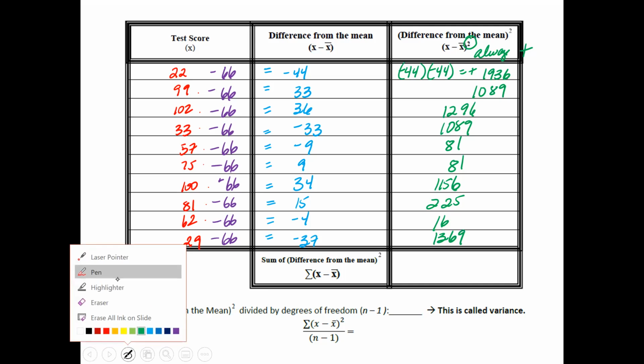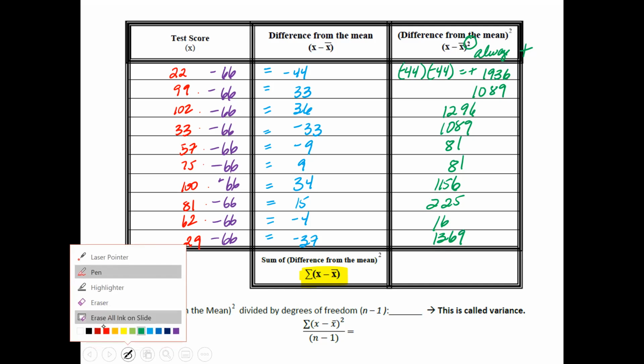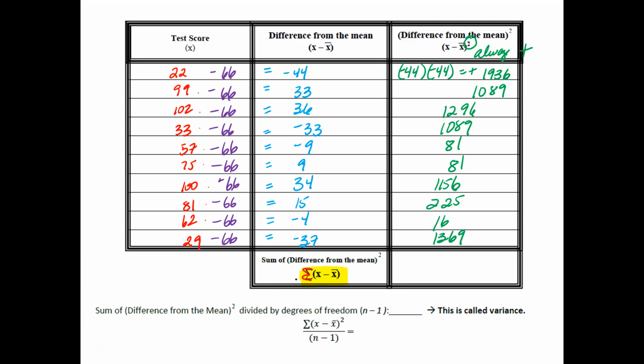Okay, so now that I have all of this, you're going to add everything here to find the sum. And you know to find the sum because this symbol right here is called sigma, and it just means find the sum. So let's add everything here.